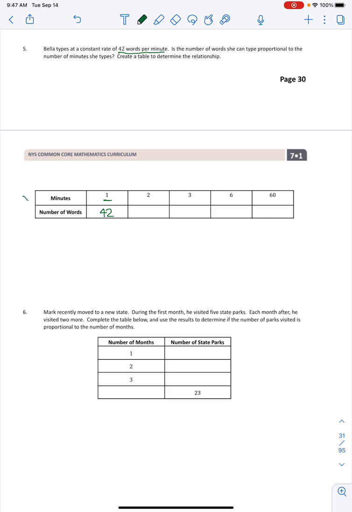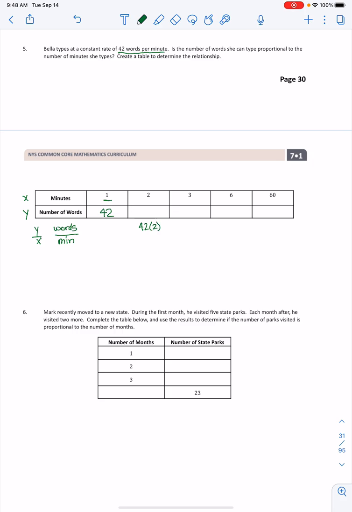Again, we have x here and we have y here. So we have the words over the minutes, and y over x. But because we have the x, I can multiply 42 times each of these.